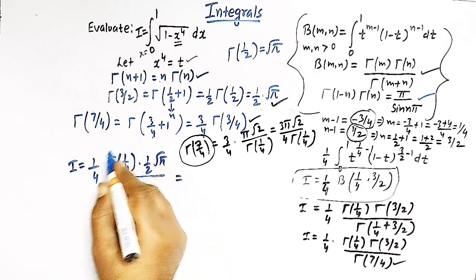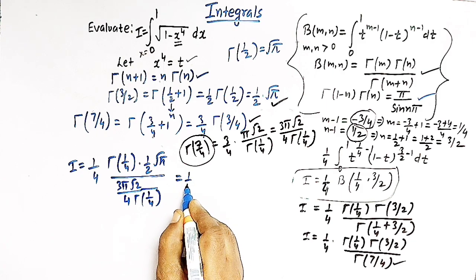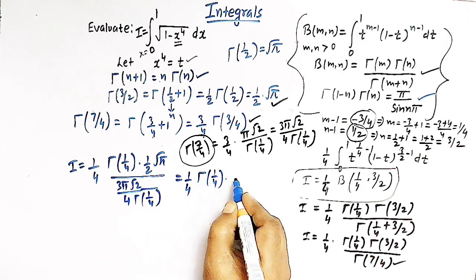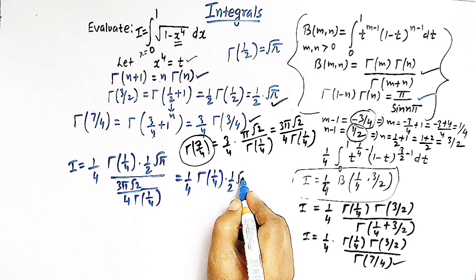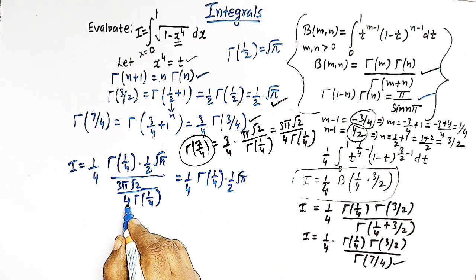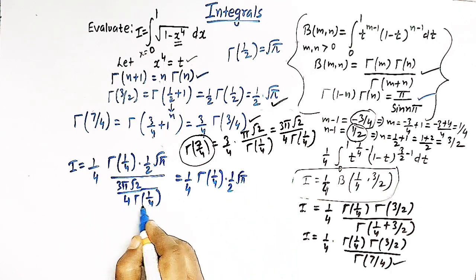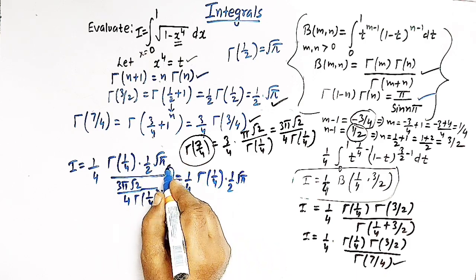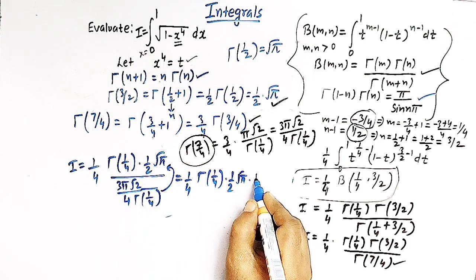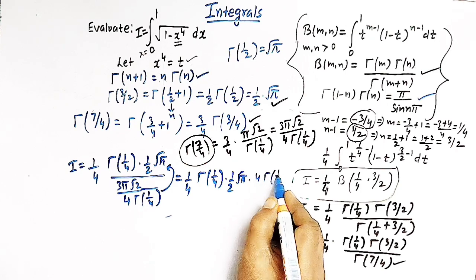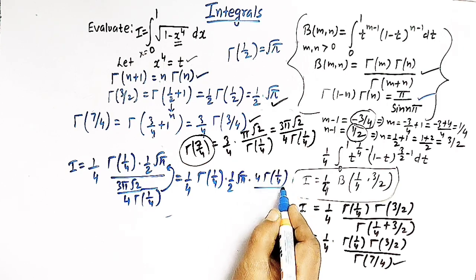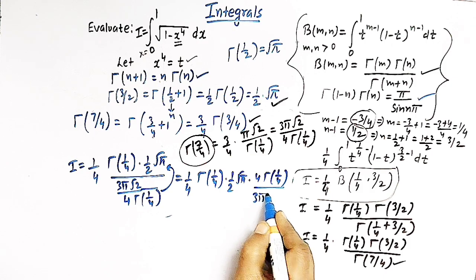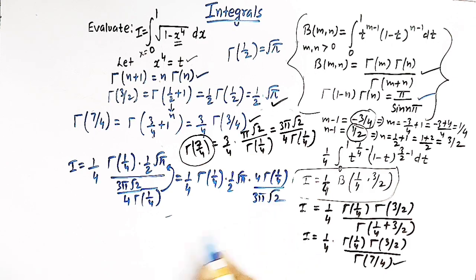So let us rearrange the terms. So we have 1 over 4, then we have gamma 1 over 4, then we have half root pi, and taking 4 times gamma 1 over 4 to the numerator, that is we can now write 4 times gamma 1 over 4, and here we have in the denominator, that is 3 pi root 2.